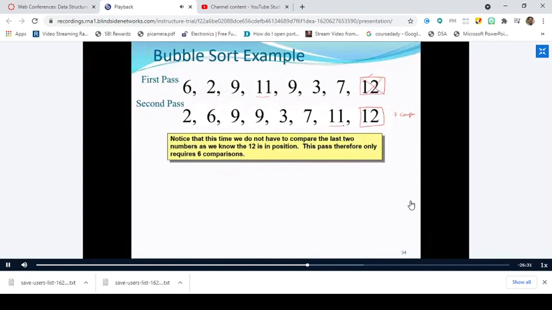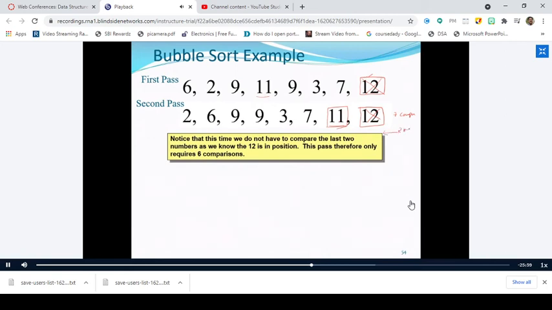We should consider it as the last position. Why? Because as I told you, after the first pass we are not going to consider this 12 for the next iteration. So consider that this is not there. So we are going to place the largest element in the last position, that is what we are going to say, right? But actually, we are going to place the second largest element in the second position from the right hand side.